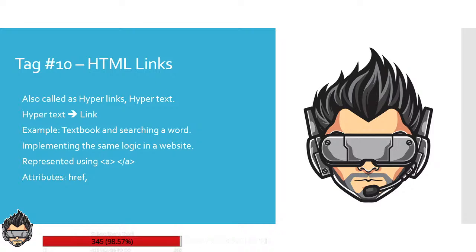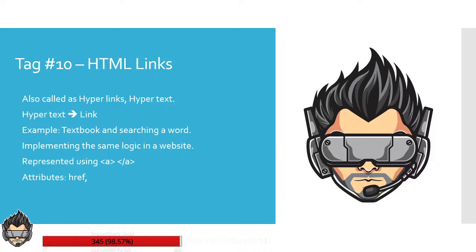For example, let's take a textbook, and what if you are searching for a word in the textbook? At the end of the page you get to know all the words and where these words are used, I mean in which page number. Depending upon that, we just jump to the word.